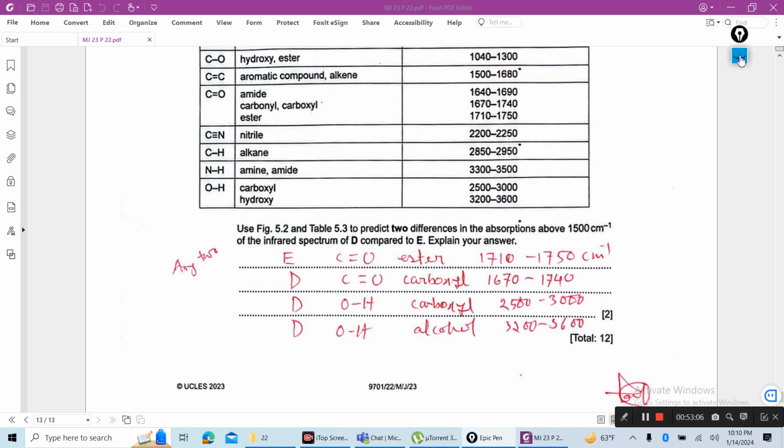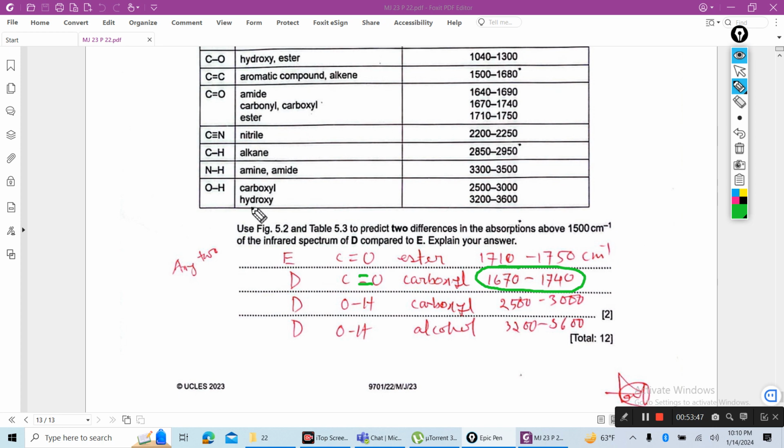You see, E is an ester, the CO ester group will give a peak in this range, 1710 to 1750. The carbon-oxygen double bond of the ester, this value is given. And D's carbonyl group, the carbon-oxygen double bond, will give a peak in this range, 1670 to 1740.